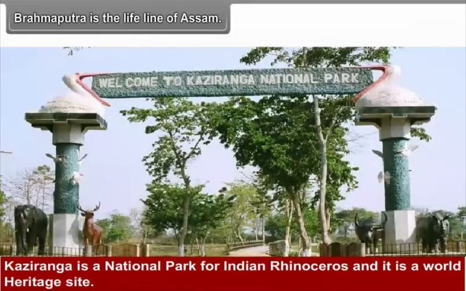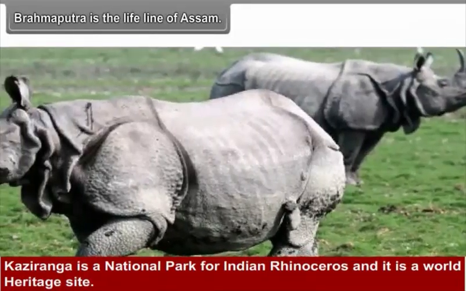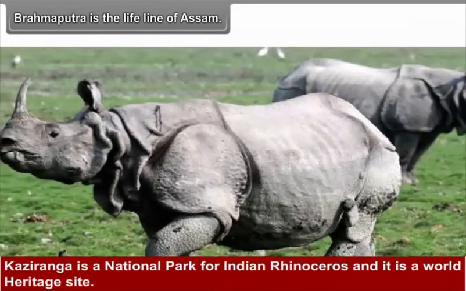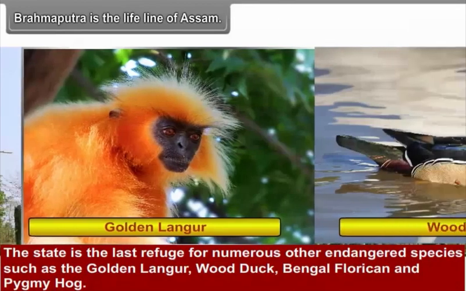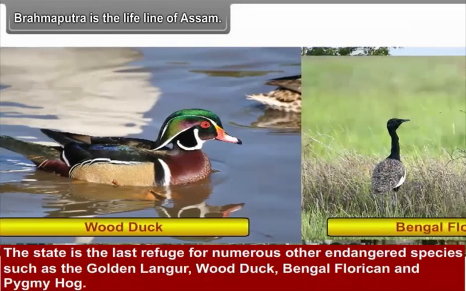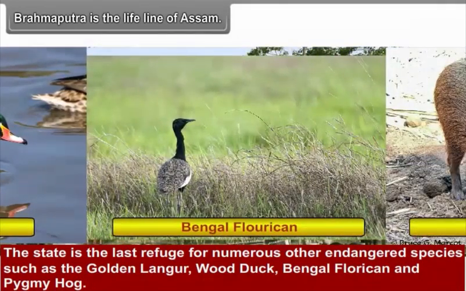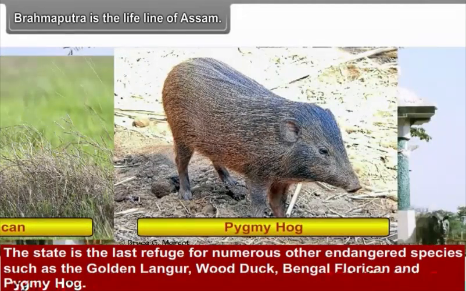Kaziranga is a national park for Indian rhinoceros and it is a World Heritage Site. The state is a last refuge for numerous other endangered species such as the golden langur, wood duck, Bengal florican and pigeon hawk.